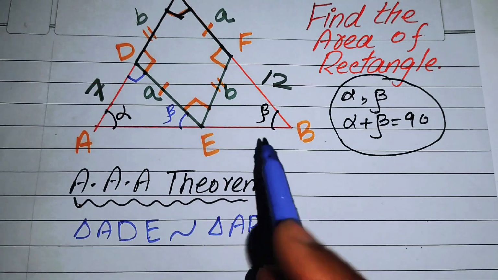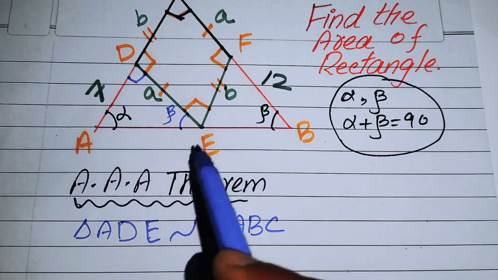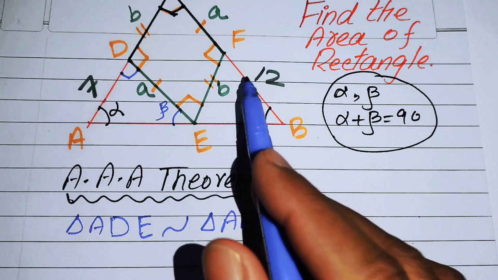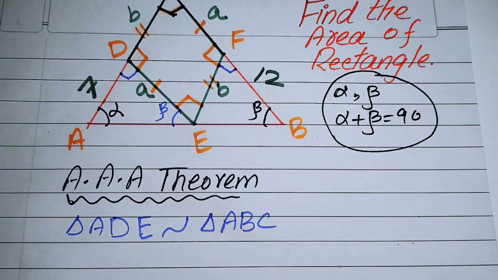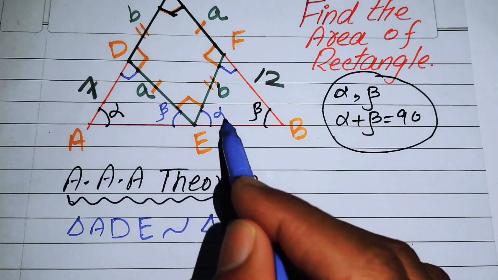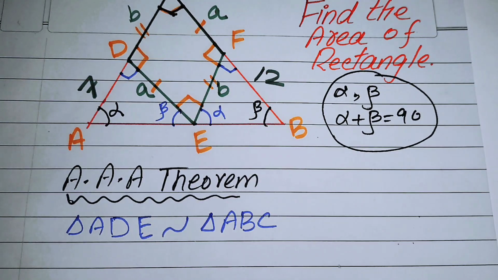Similarly, if you focus on triangle EFB, you see that this angle is 90 degrees and this angle is beta. It means that this angle is alpha, because the sum of these three angles is 180.